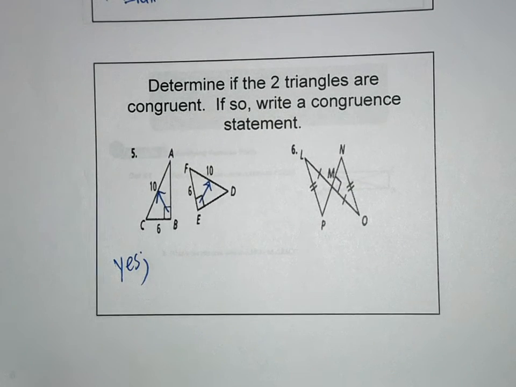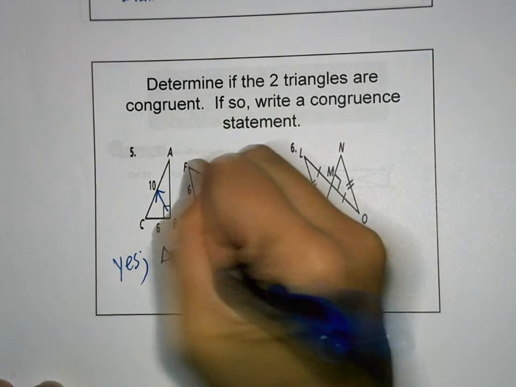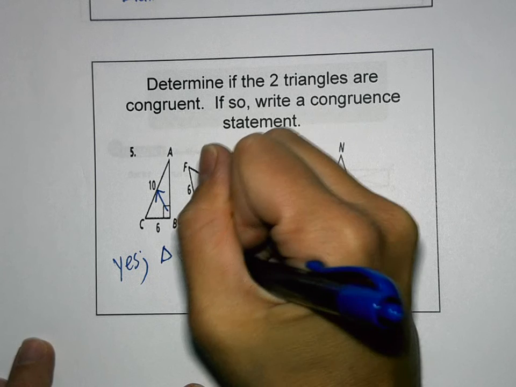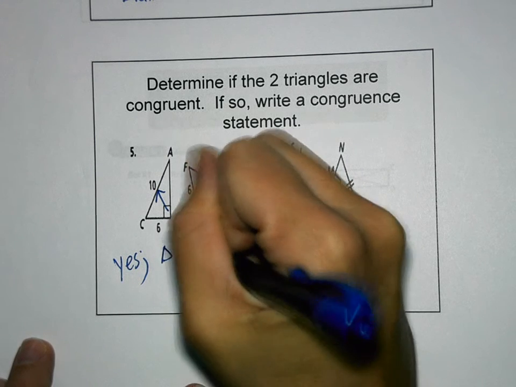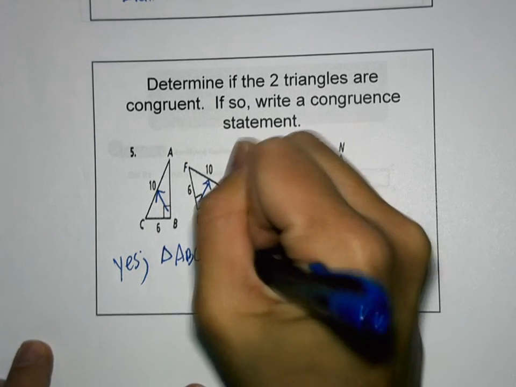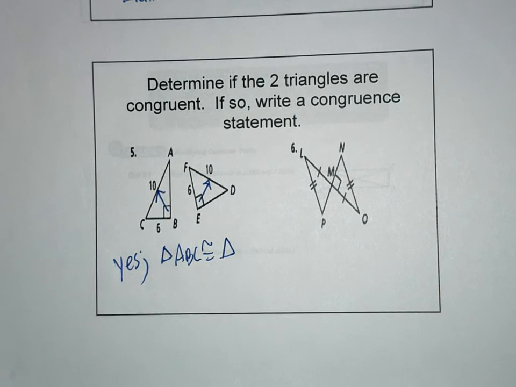And so I'm going to say triangle, if you want to go ABC, is congruent, and then how would I start over here? I think it's D, right?